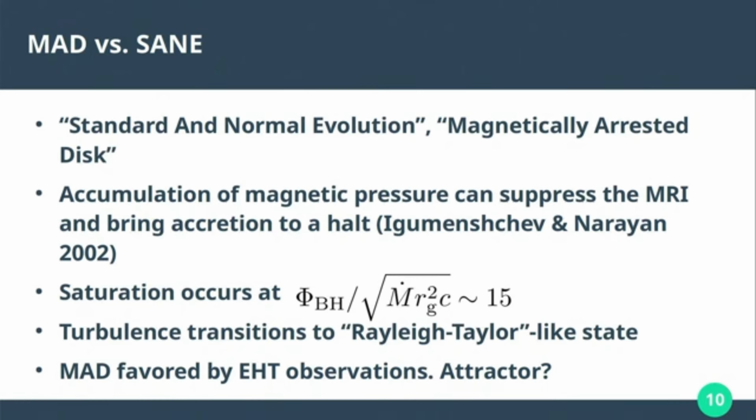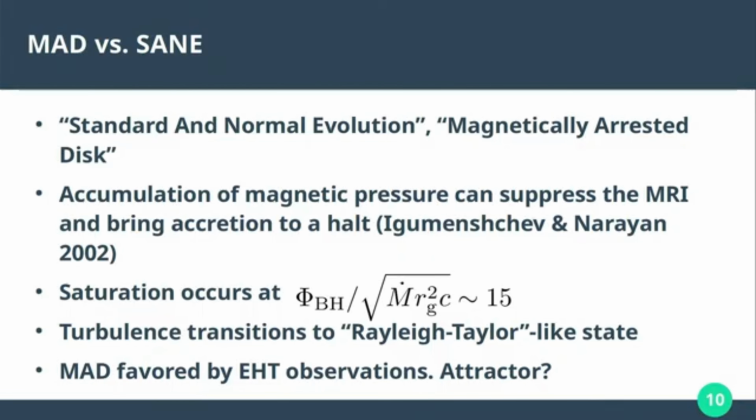When it reaches this critical value, it stops matter from coming, and one has a very different type of instability than the one that drives accretion in the SANE regime. This other type of instability is similar to the Rayleigh-Taylor instability that one has between water and oil. In this example, oil would be like the magnetic field or very magnetized material, which is less dense, and water would be the rest of the material.